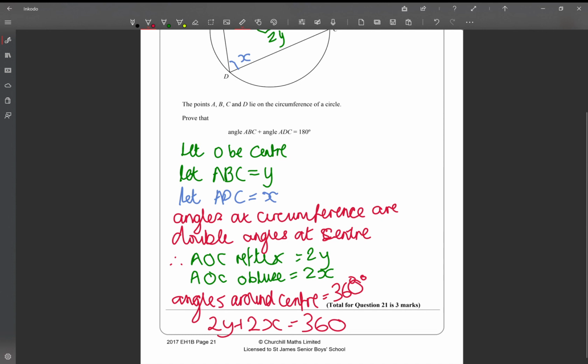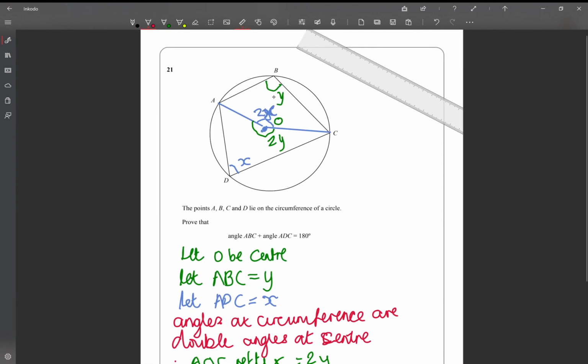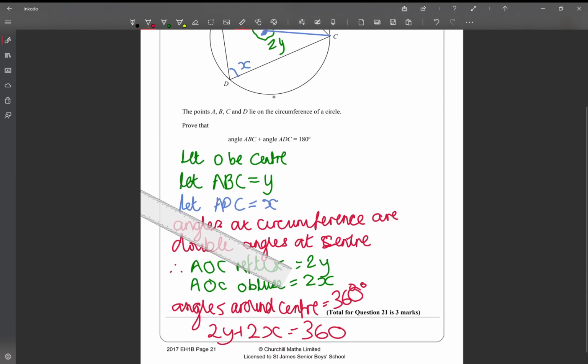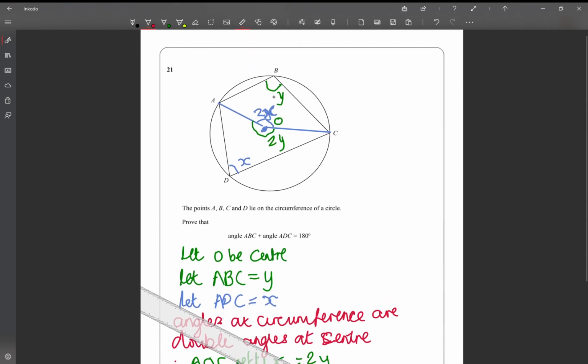Sorry, I'm going to come up here, this thing with writing with big colours. So 2y plus 2x equals 360, because these two have to equal 360. So therefore x plus y equals 180 degrees. And if you look here, x plus y, that is what we were trying to prove.